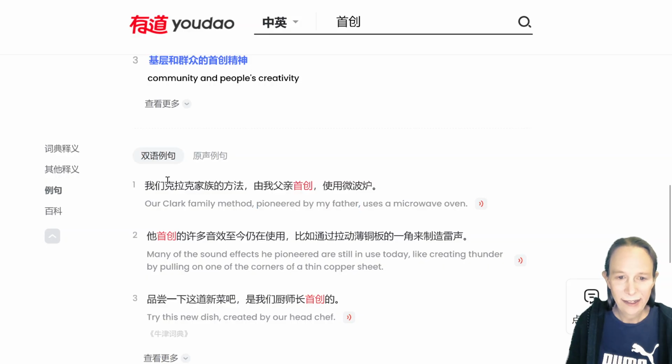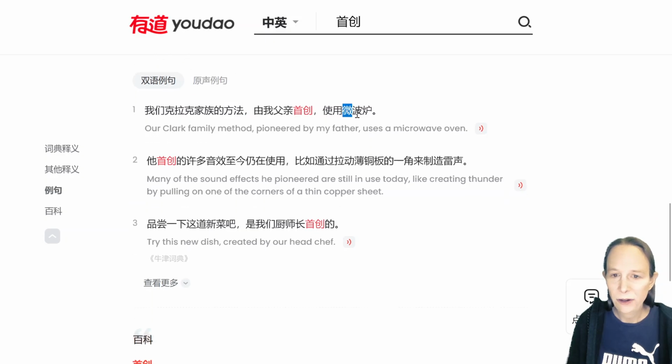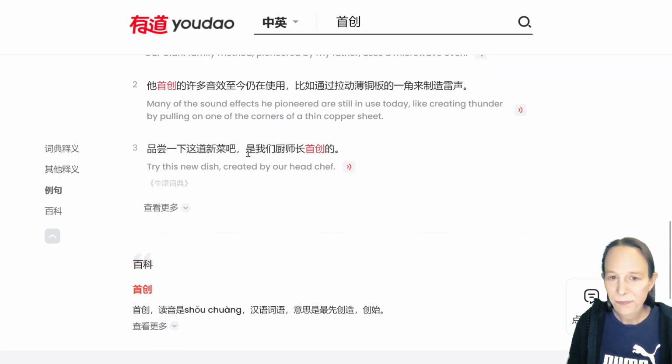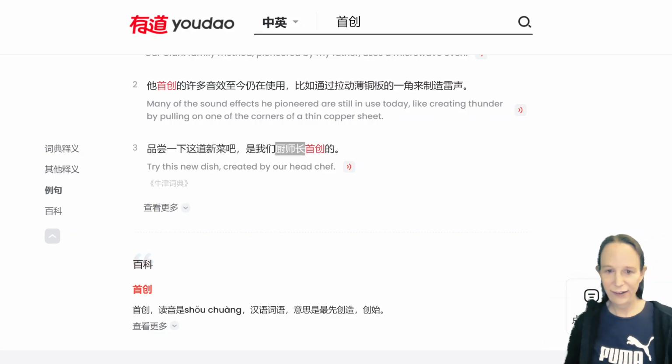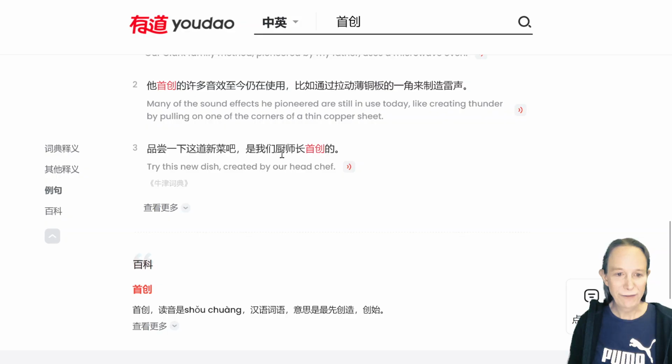What is pioneered? Some unspecific 方法。使用微波炉 used in it involves a microwave. 他首创的许多音效 like sound effects. So he pioneered sound effects. 至今仍在使用。是我们厨师长首创的。Yeah. All right. So it's pioneered by our head chef.